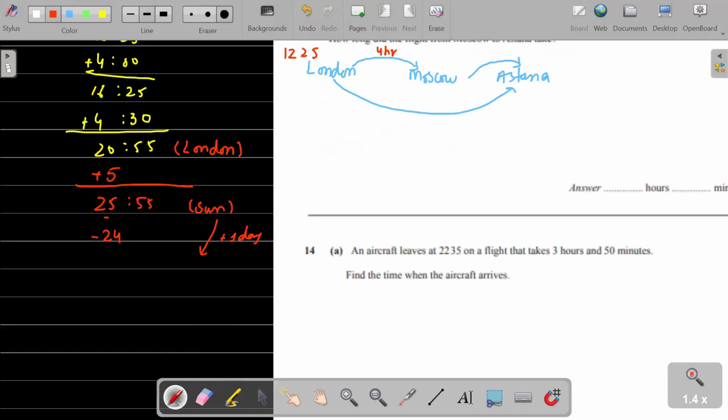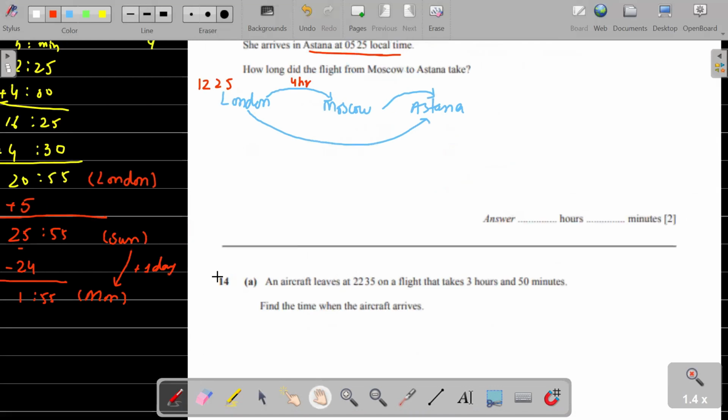So what will it be? You can see that it will be 1:55. So the time will be of Monday. Over here, it will be Monday 1:55. That will be her departure time. Because you know that took 5 hours, she waited here 4 hours 30 minutes as well.